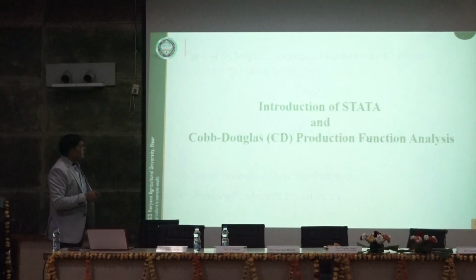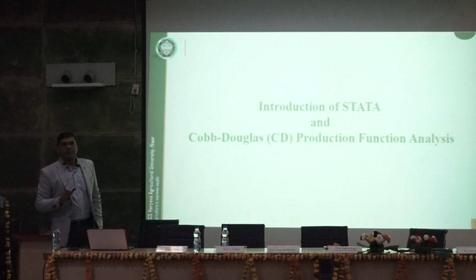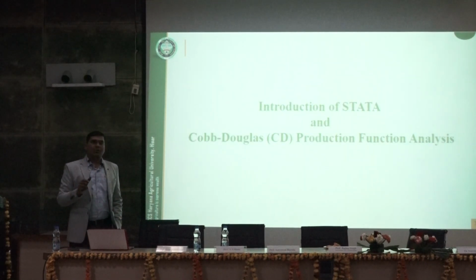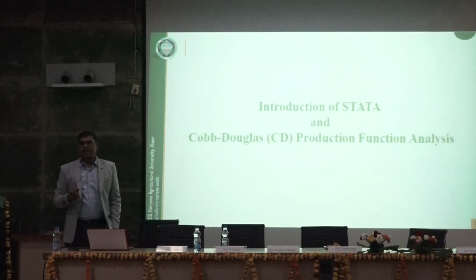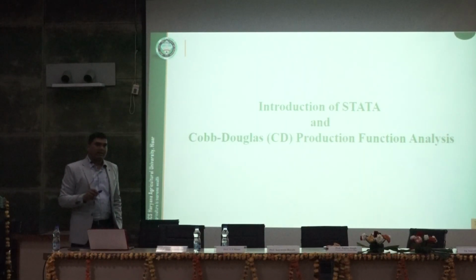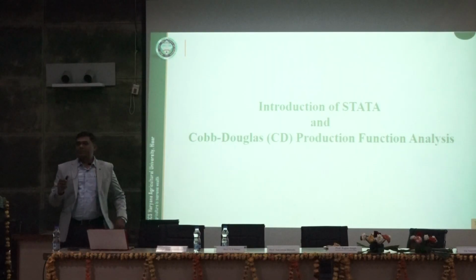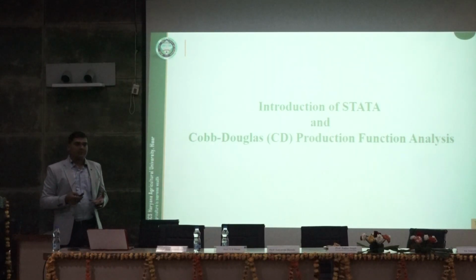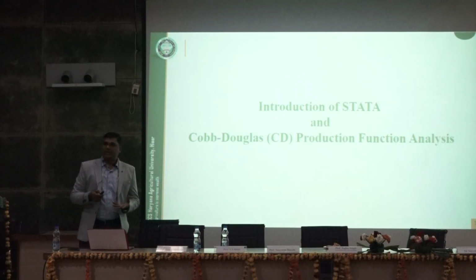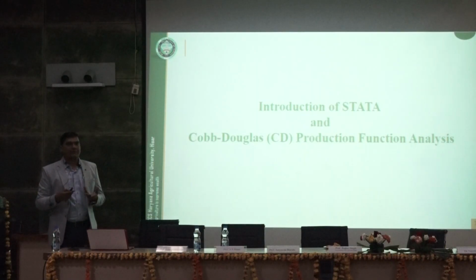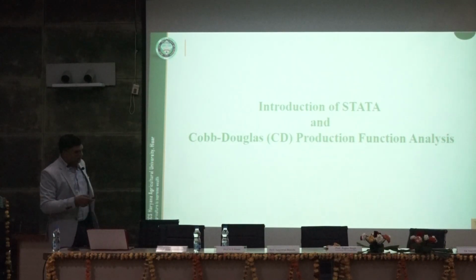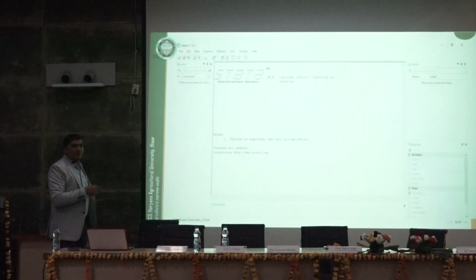Now we will discuss how to open Stata, how to enter the data in Stata, how to generate variables in Stata, and how to analyze the Cobb-Douglas function in Stata. So this is the first window.